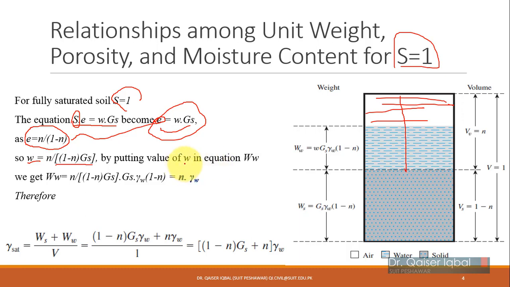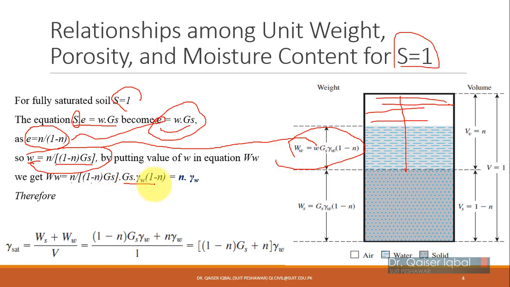Now by putting this value of w into the equation for Ww, the weight of water, we replace w with n divided by (1 minus n) times Gs, multiplied by Gs into gamma w into 1 minus n.